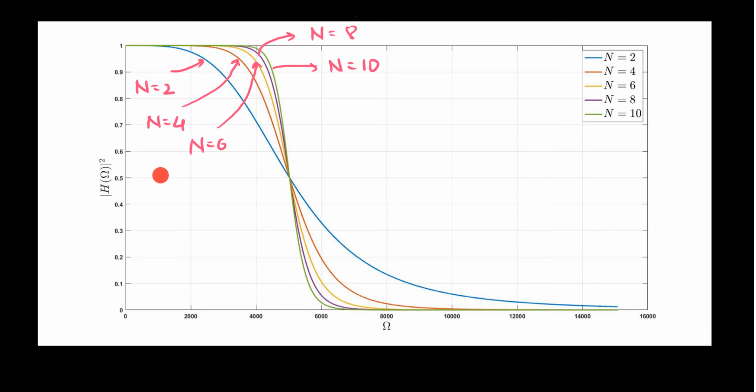So this is the typical representation for a low pass filter in the frequency domain. In our case, it is the magnitude square, that is mod of H of omega squared, plotted versus omega for a low pass filter.